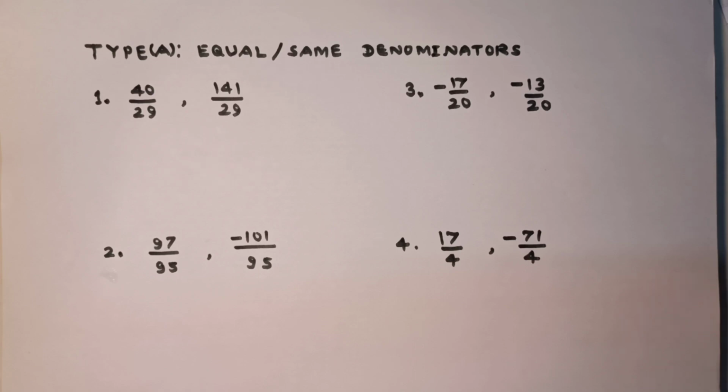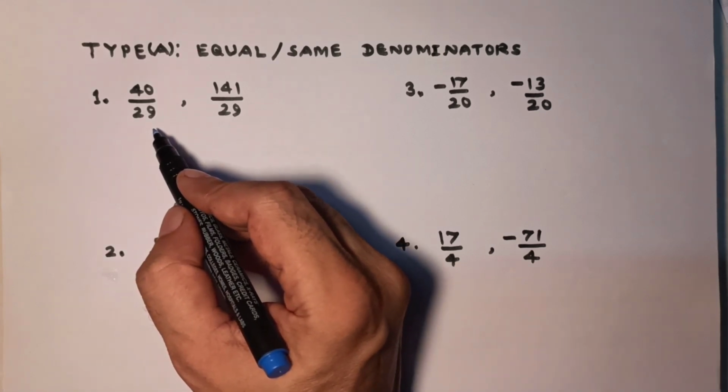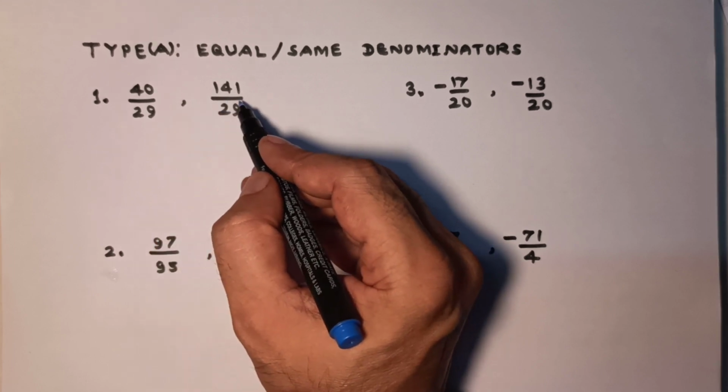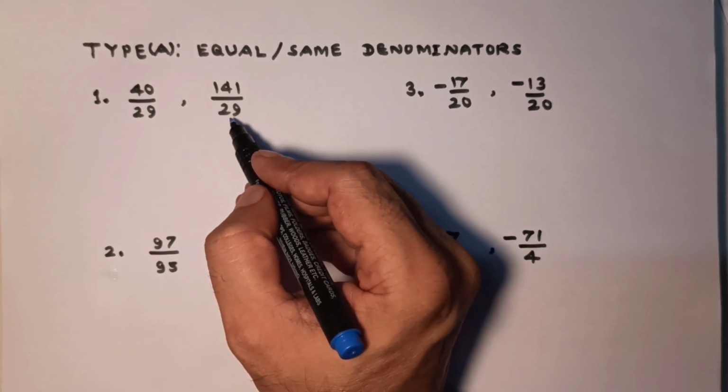Now proceed further. We'll consider type A, where the denominators are equal or the same. So let's consider some problems where the numbers have the same denominators. For example, see the first question here, 40/29 and 141/29, and we have to compare.